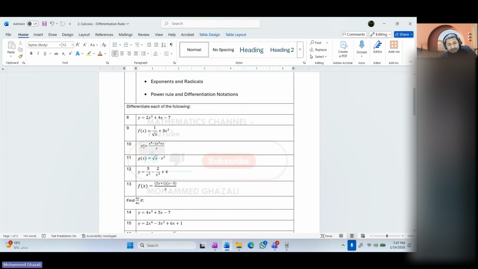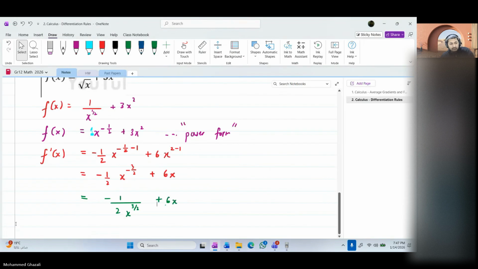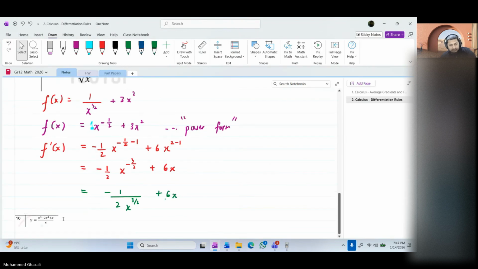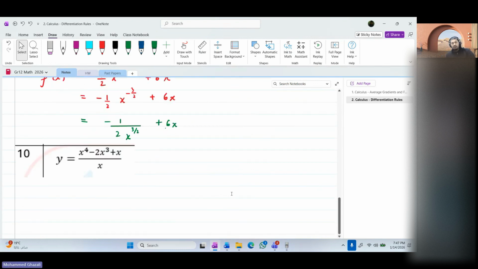Question 10. Now, how are we supposed to solve this? Remember to put it in power form. So to put this in power form, we're going to split up each term over x because we have a common denominator.